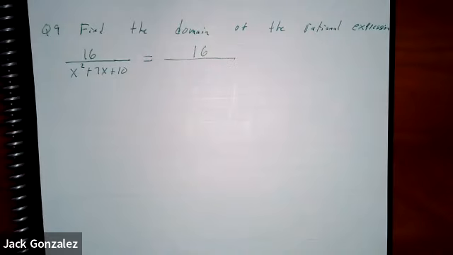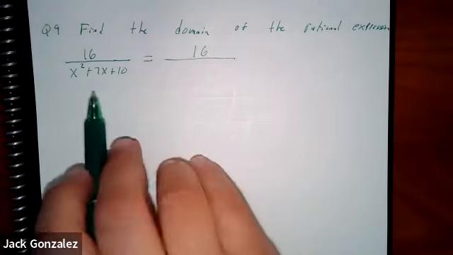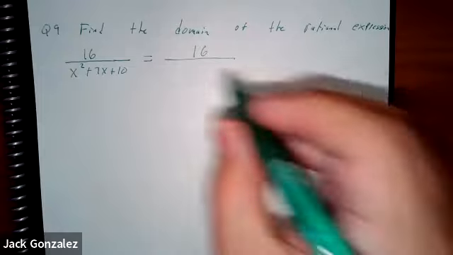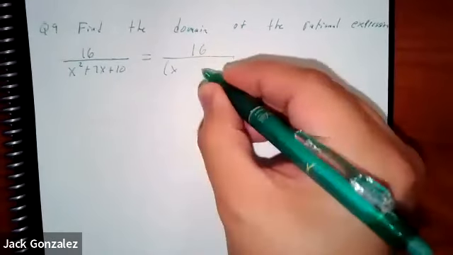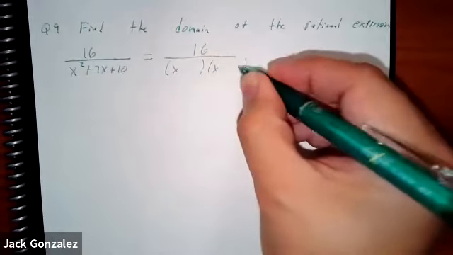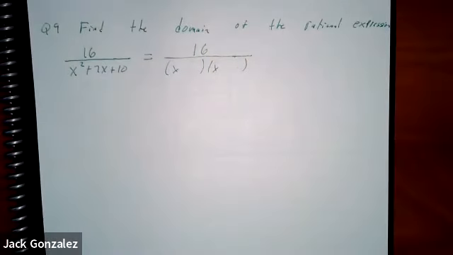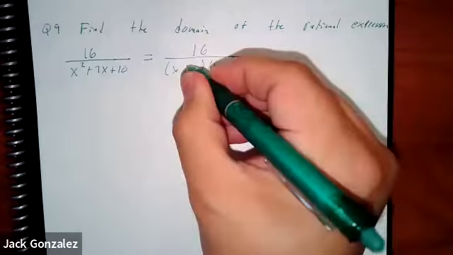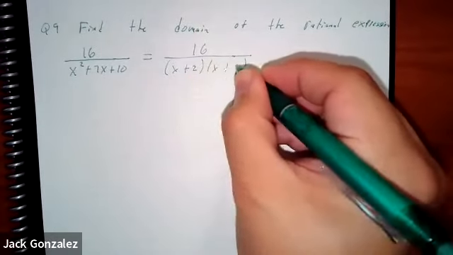Okay. So how does this factor? Well, X and X, and then you would have to use the AC method. 2 times 5. 2 and 5.